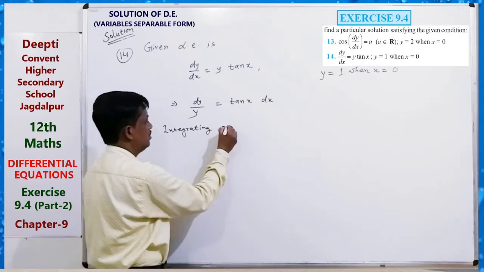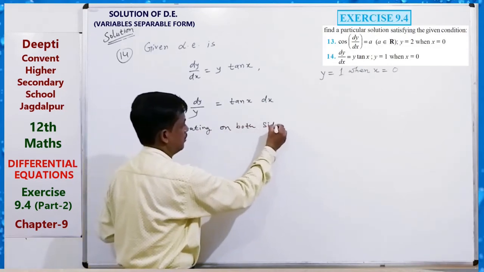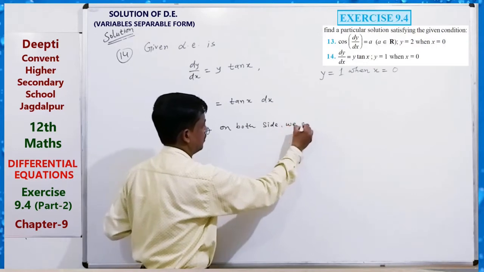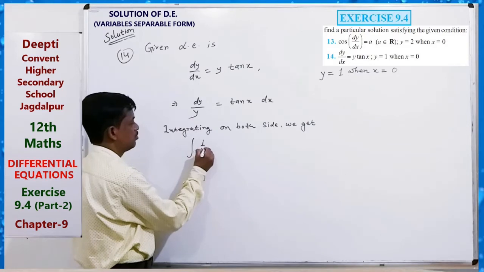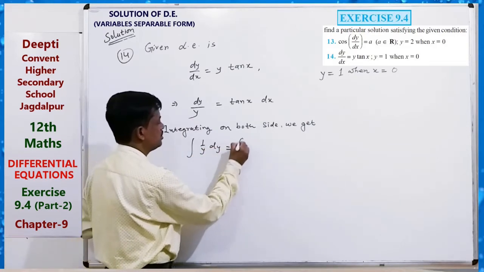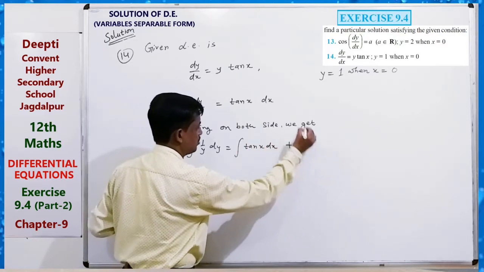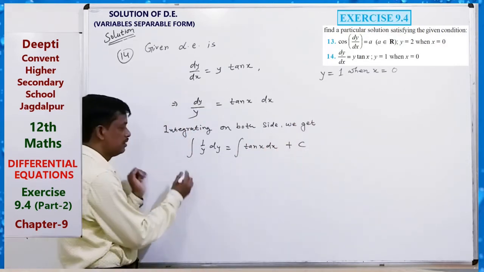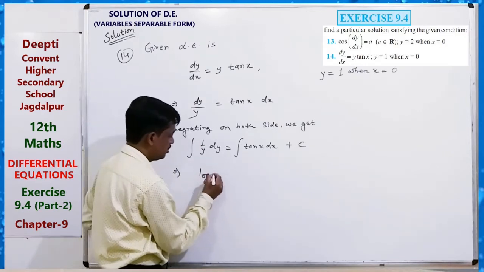Integrating on both sides, we get the integration of 1 upon y dy equals the integration of tan x dx plus some constant. Here 1 upon y means log y.